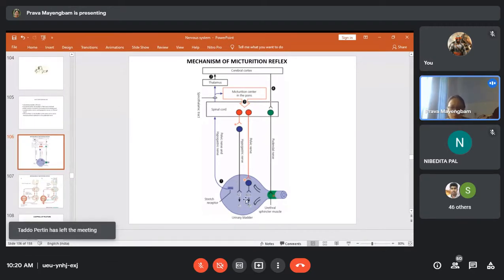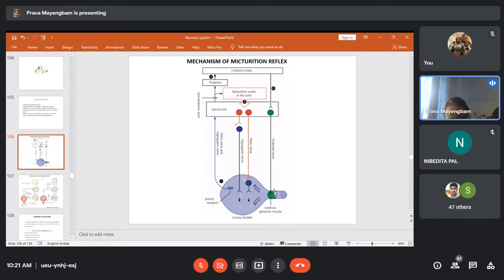When the bladder is empty, when the bladder is not having urine, there will be less stretching. In that situation, the activity of the hypogastric nerve and the pelvic nerve is less. When the bladder is empty, the pudendal nerve action is more.